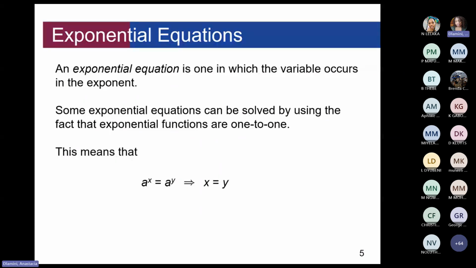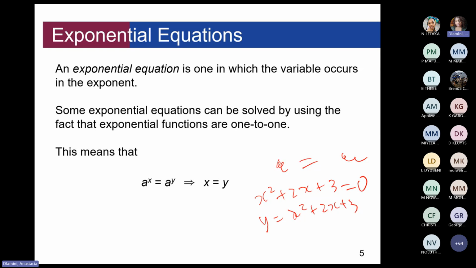So an exponential equation is one in which the variable occurs in the exponent. Remember, in mathematics, we say an equation is something where you have what equals what, right? Initially we had x squared plus 2x plus 3 equals 0, or y equals x squared plus 2x plus 3, and we call that an equation.